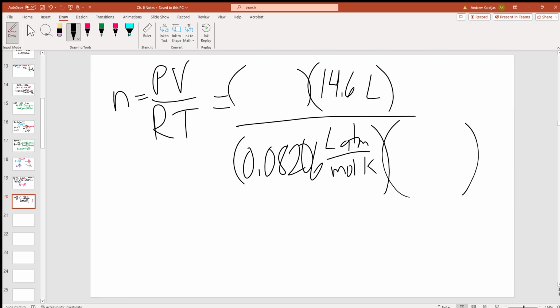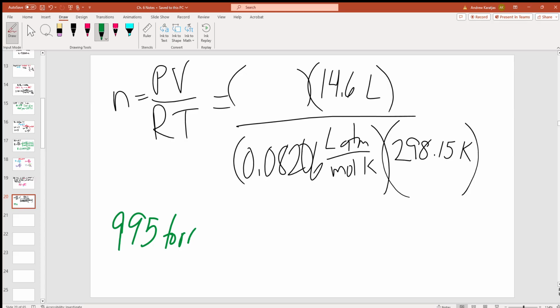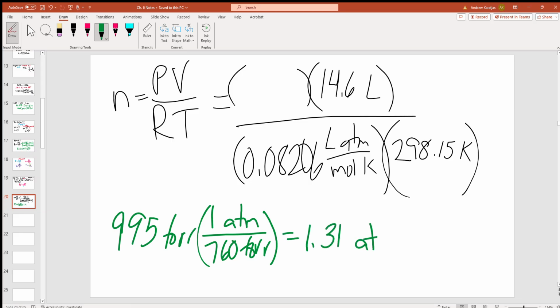Because our temperature was given in Celsius, 25 degrees Celsius, we have to convert that into Kelvin, so 298.15 Kelvin. And then the pressure I gave in torr, so 995 torr, 1 atmosphere is equivalent to 760 torr. So that converts to 1.31 atmospheres. And we can plug that in up here.